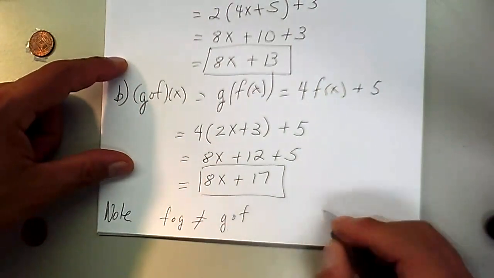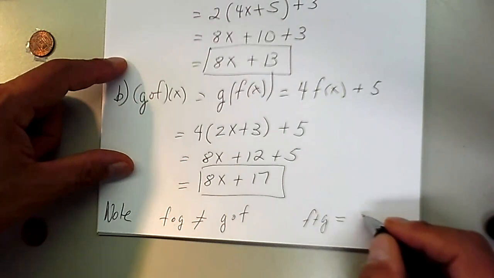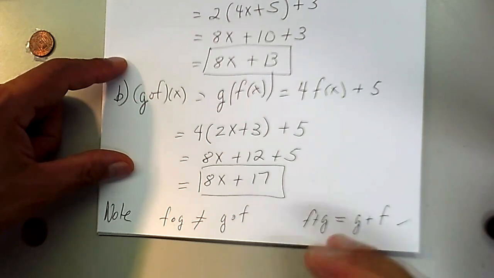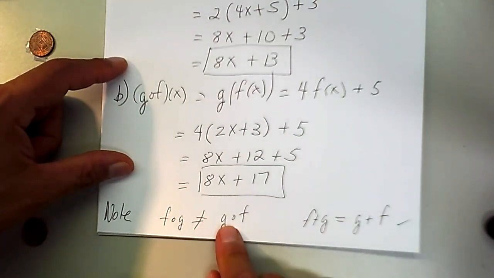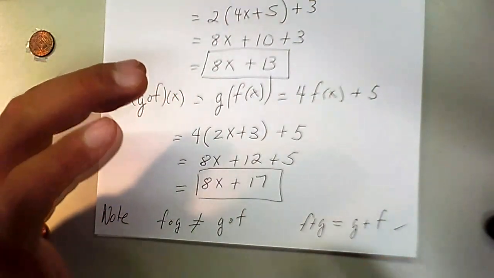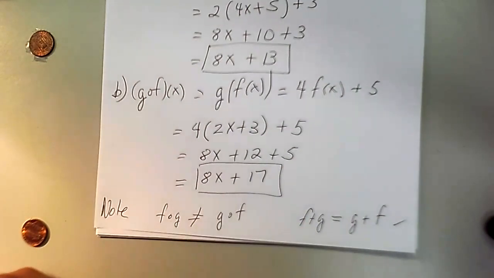Addition of functions, f plus g, is definitely always equal to g plus f. That's always true. But commutativity of composition is not always true, and consequently, we say that they're not equal. This is kind of weird because there's going to be examples where they are going to be equal. But there are other examples where they're not equal. So when they're not equal, every single time we say that they're not equal.